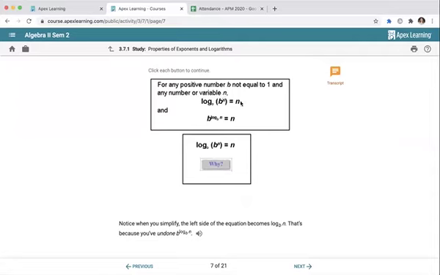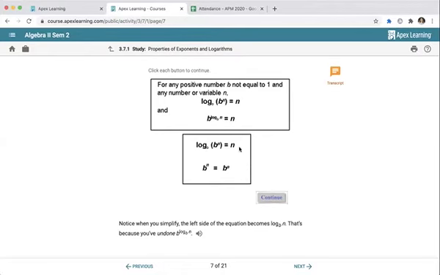Let's take a look at why. Because b to the power of what would give you b to the n? The answer is b to the n.